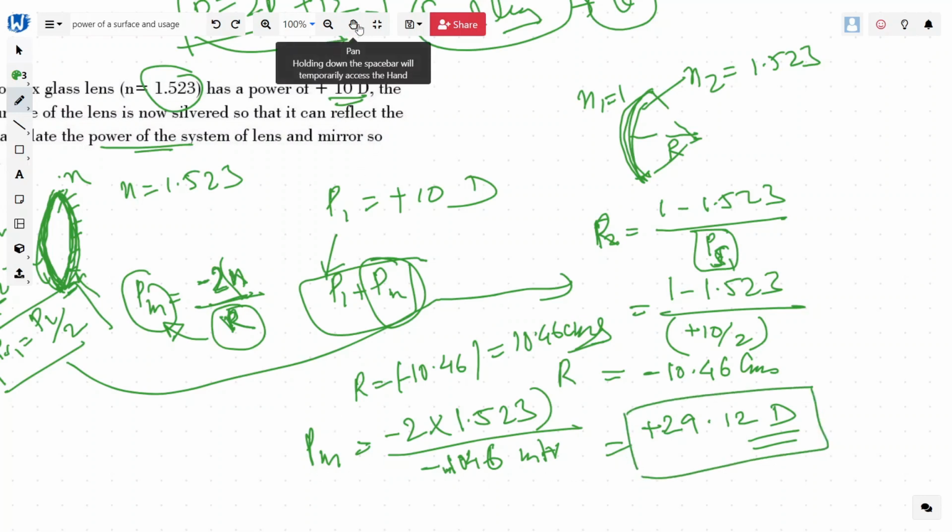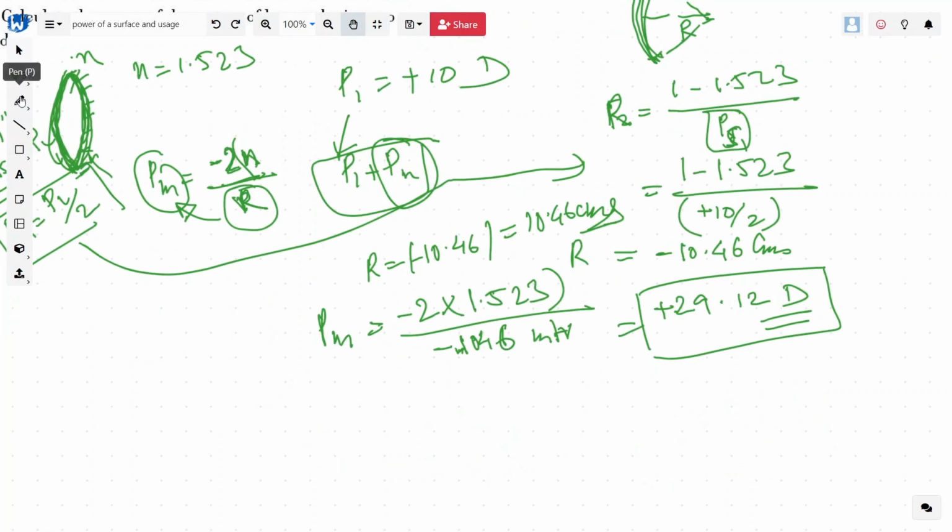The power of the system, as we said, is going to be, first the ray of light is going to come here, right? So total power of the system is power of the lens plus power of the mirror, and then it will be reflected again through the lens, power of the lens.